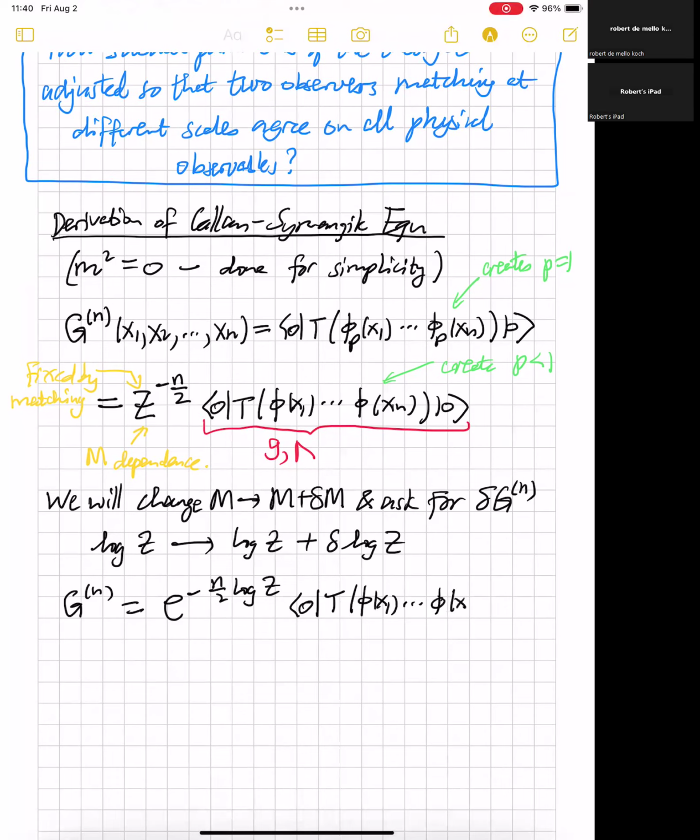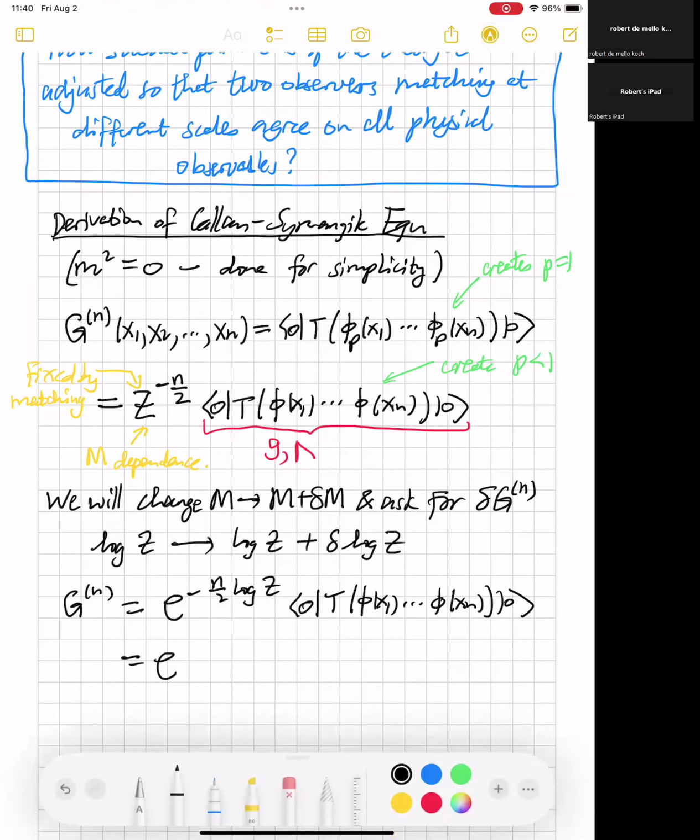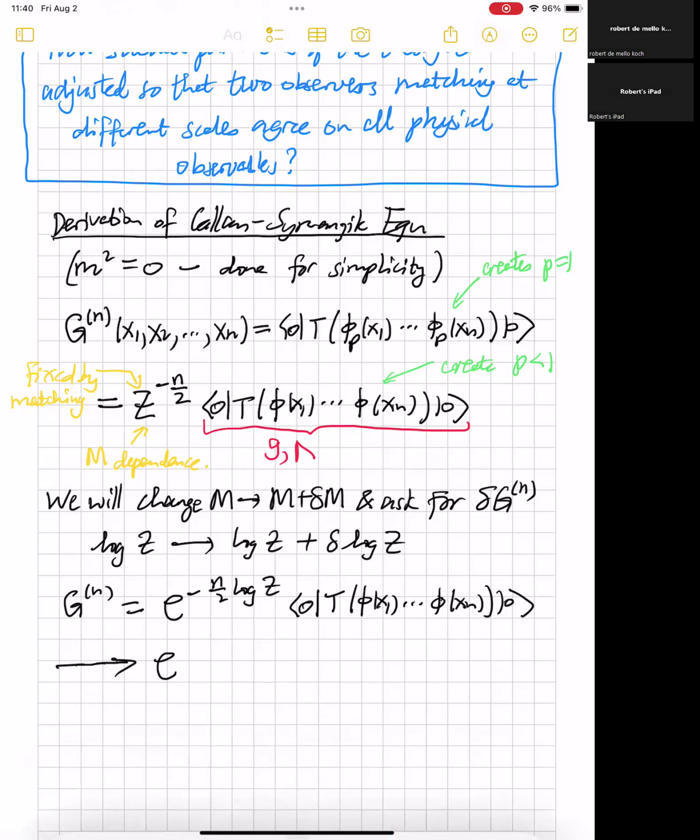So if we change the scale M, the only change that we'll find is inside the log Z. So in exactly the same way that M goes to M plus delta M, Gn goes to e to the minus n over 2 (log Z plus delta log Z), and then this correlator that doesn't change.